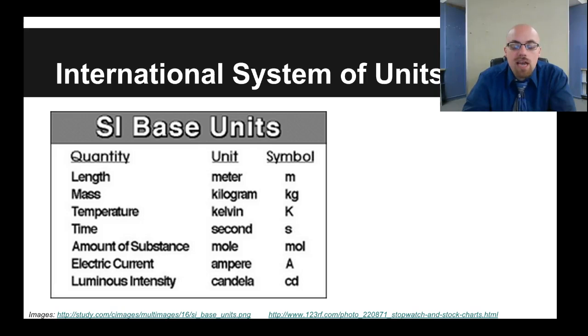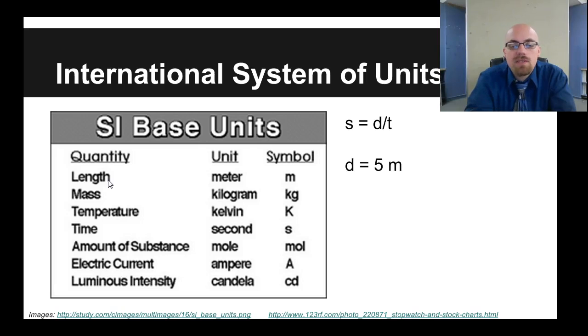We use them to actually make compound units. Here's a good example of that in action. The formula for the speed of an object, or the velocity of an object, is distance divided by time. How much distance does it travel divided by how much time it takes to travel that distance. You'll notice both distance, or length, and time are SI units. The measurement for length is in meters.